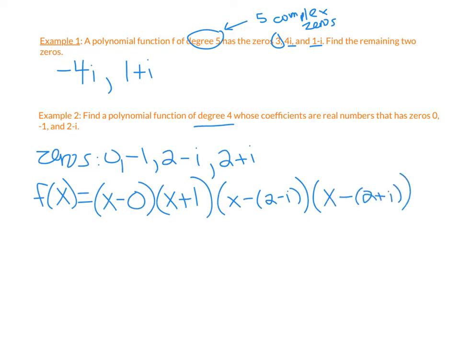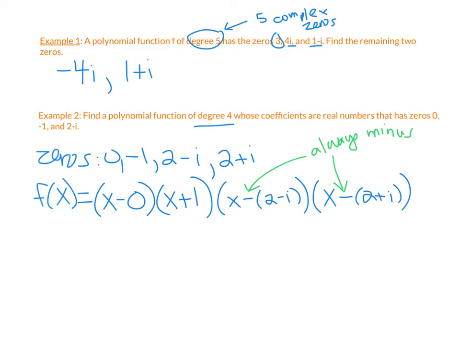Be really careful here. I want you to notice that this will always be minus. A lot of people think about the conjugate, so they try to change the sign there. When we're looking at factors, however, it's always going to be x minus whatever your number is.